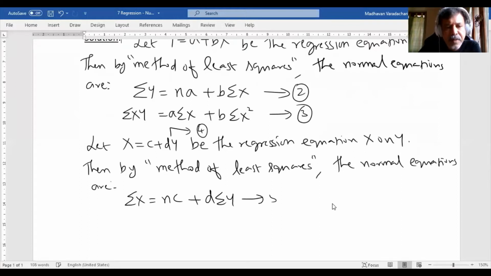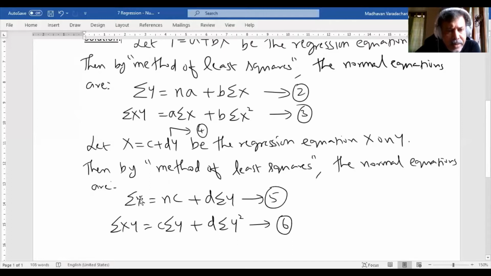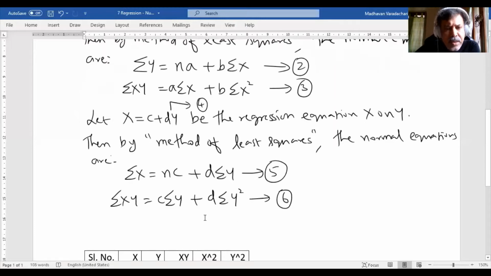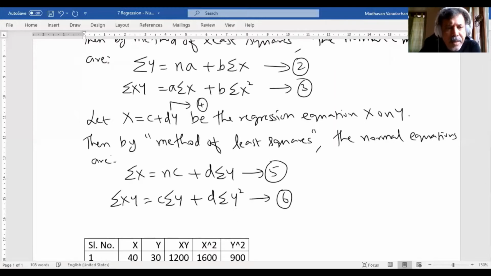This will be our fifth equation. Then summation xy equal to c summation y plus d summation y square. This will be our sixth equation. From this, all the other things are already there: summation x, summation y, xy. The only thing which is extra is summation y square. So based on this, let us create the table.